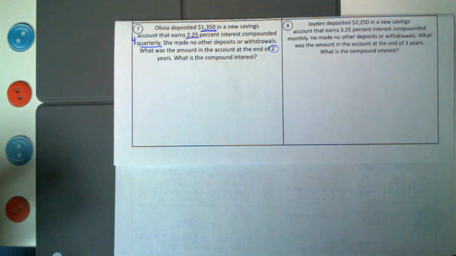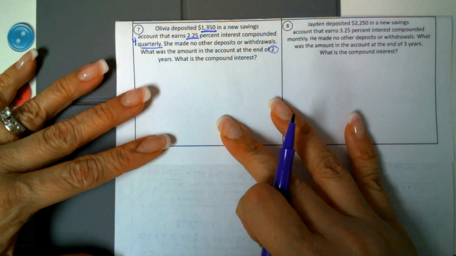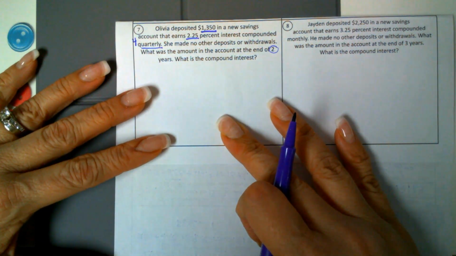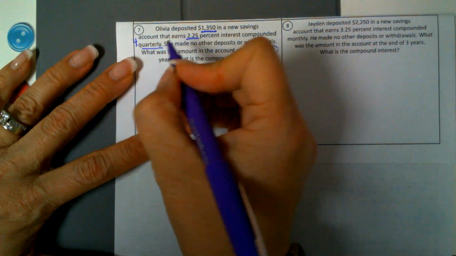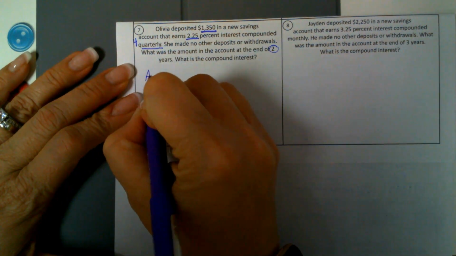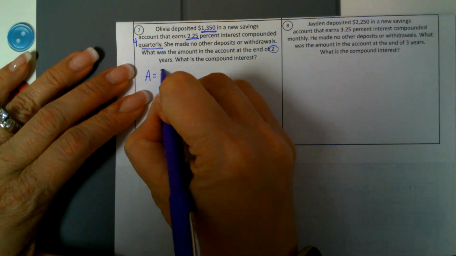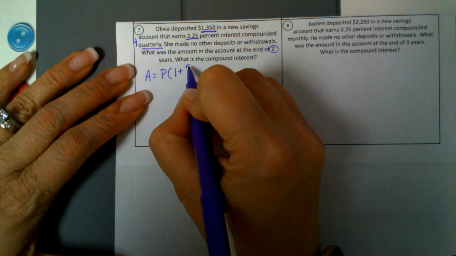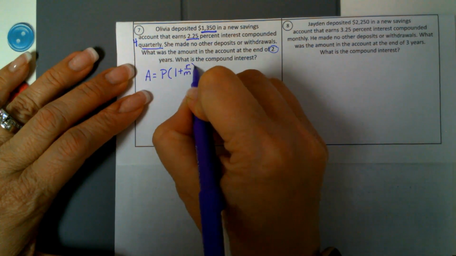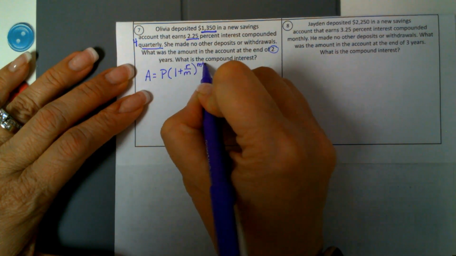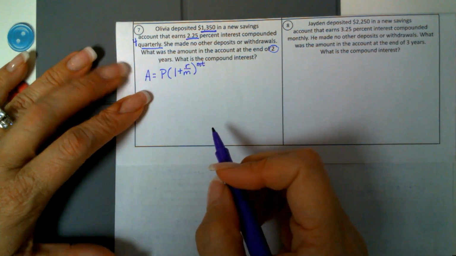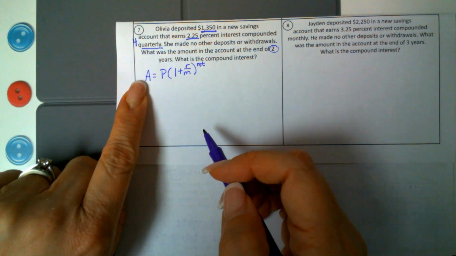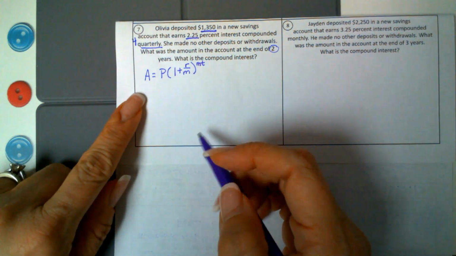All right, and so this is going to be our compound interest formula that we just got finished doing. That formula is A equals P times parentheses 1 plus R over M. Okay, so we've got to figure out all these amounts. The amount is the amount that's in her account.